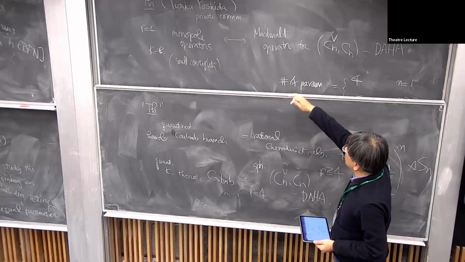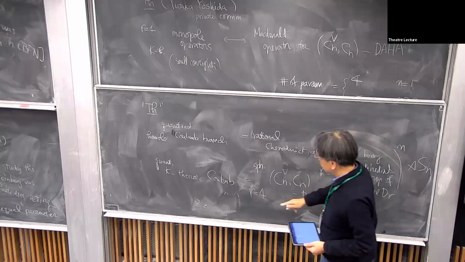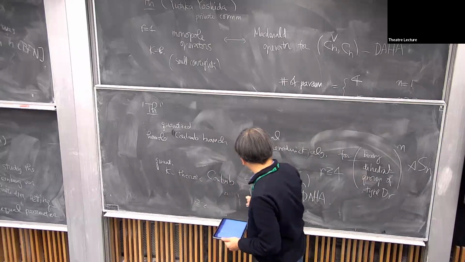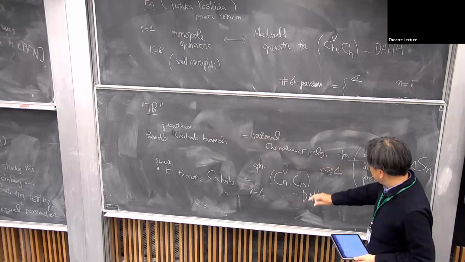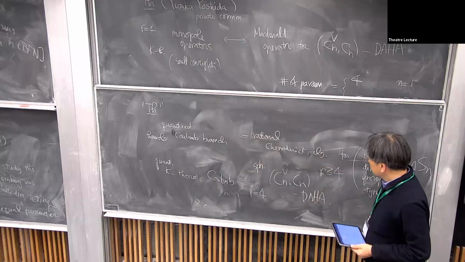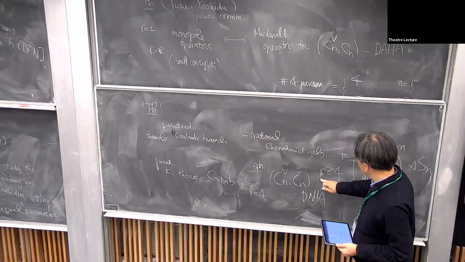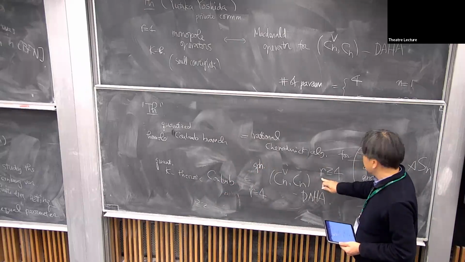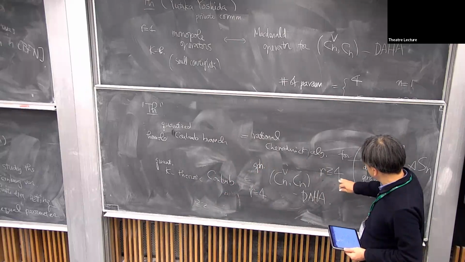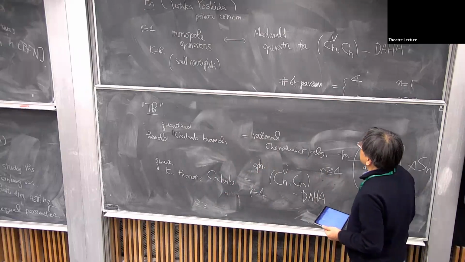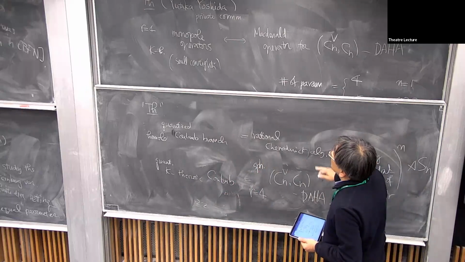Maybe compared with the type A case. So if you consider K-theoretic Coulomb branch for arbitrary R, maybe this is a new DAHA. And also I'm not sure what should be the algebra for R equal 0, 1, 3 cases. Maybe 0, 1, 3 could be a specialization of the R equal 4 case, but I'm not sure.